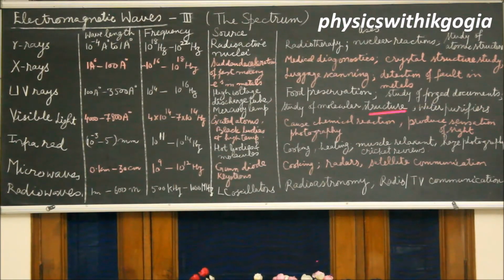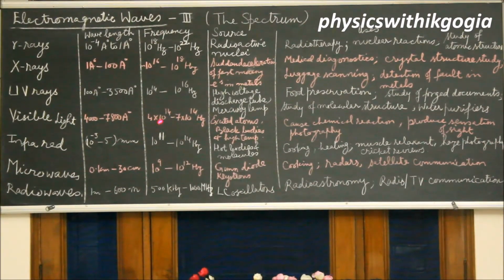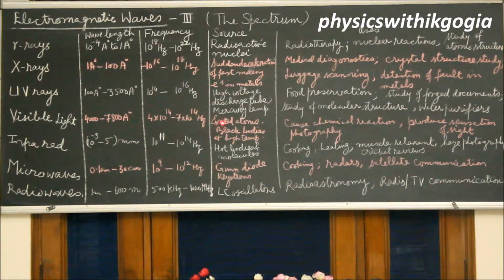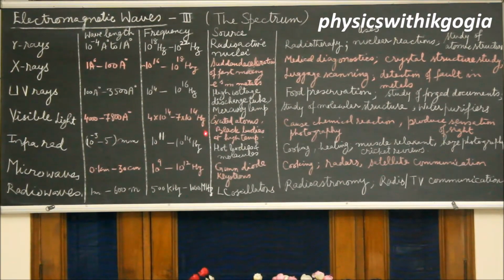The visible light has a wavelength range of 4000 to 7800 angstrom, with this as the corresponding frequency range. They are emitted when excited atoms are de-excited and go to the lower energy state.